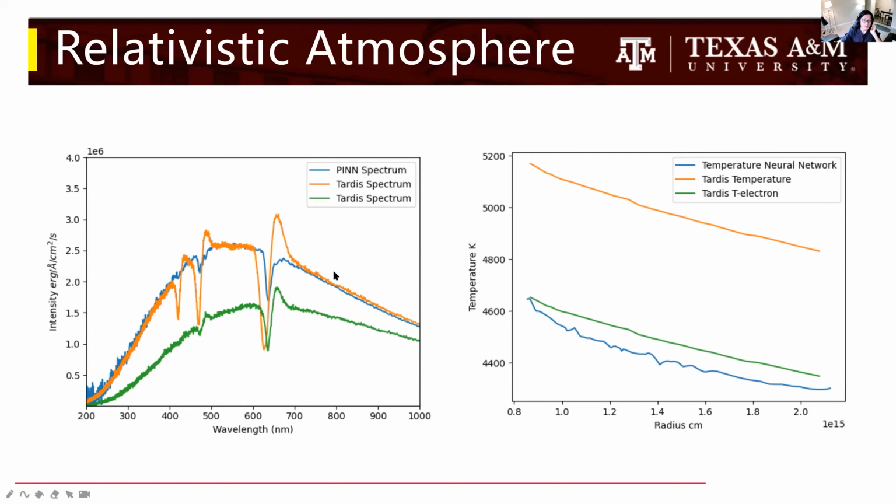And the line strength issue is due to the temperature. In TARDIS, there are two kinds of temperature. One is for the black body emission, and the other is used to calculate the element line strength. So if we lower the temperature in TARDIS, which is shown in the green curve here, we can get a similar line strength as our physics-informed neural network.